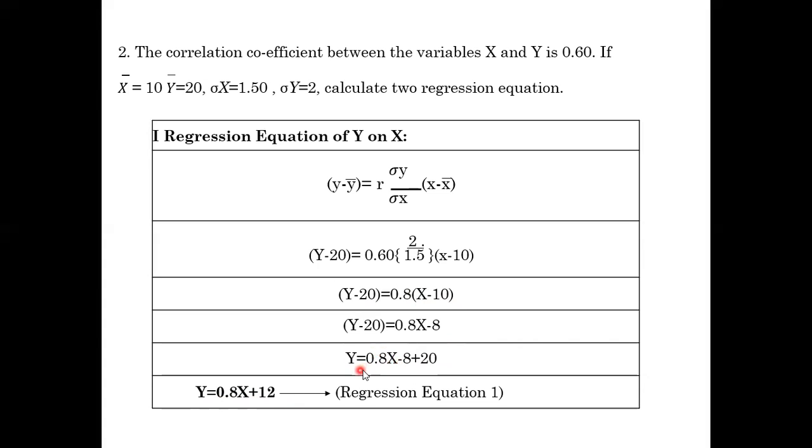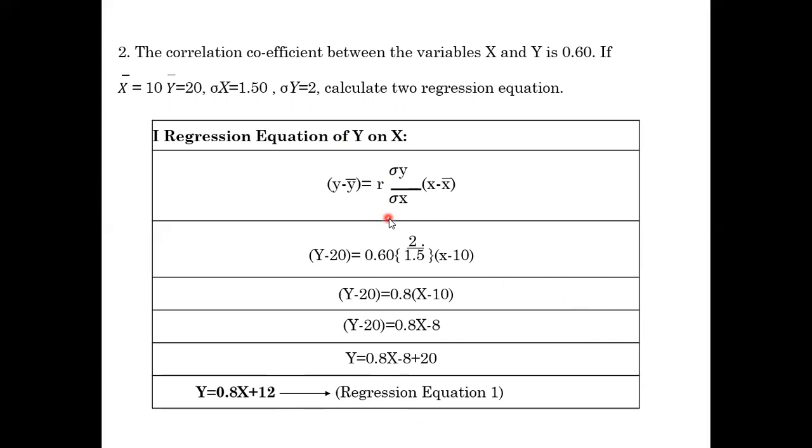Minus 8 into plus 20, the sign will be plus because the value of plus 20 is more. Therefore, you have to take plus 12. So y is equal to 0.8x plus 12. This is the regression equation y on x.